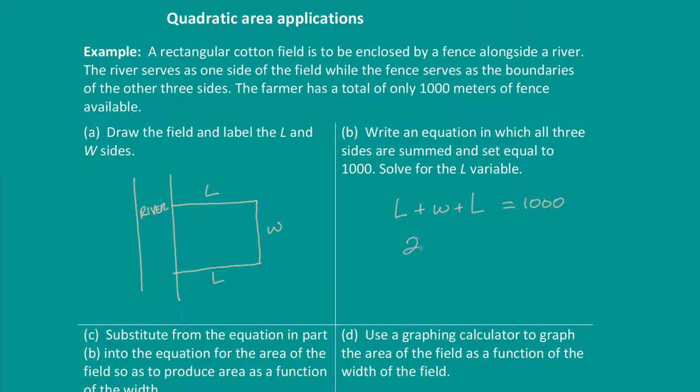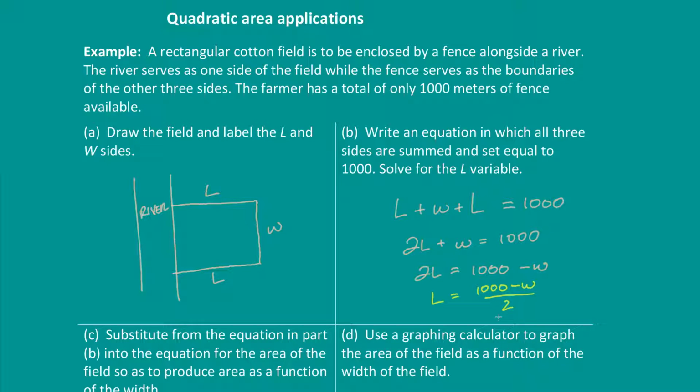So if we add those together, 2L plus W equals 1,000. Subtract the W over, so 2L equals 1,000 minus W. And then we'll divide both sides by 2 and get that L equals (1,000 minus W) divided by 2.